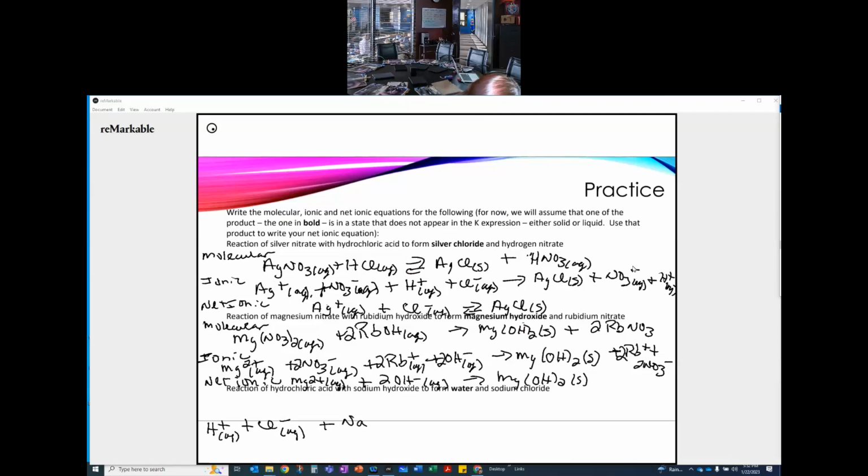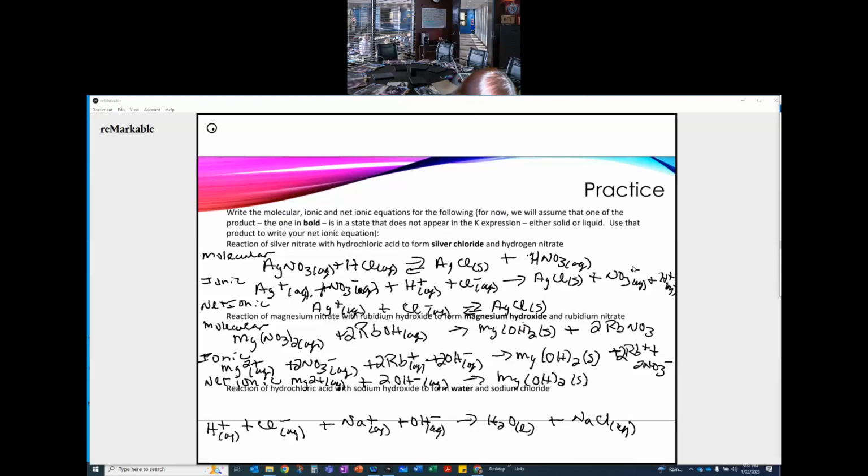And sodium hydroxide is an Na+, not a 2+, a 1+, because it's an alkali metal. That's aqueous, plus an OH-, because that's what I would need to balance that Na+. That's going to give me an H2O liquid plus an NaCl, Na+, Cl-, and that again is aqueous.